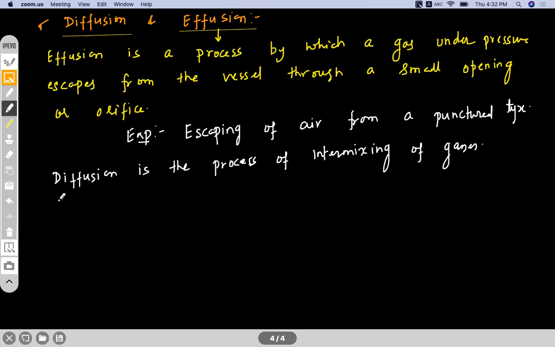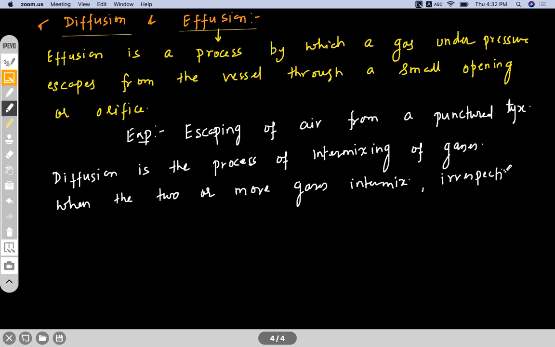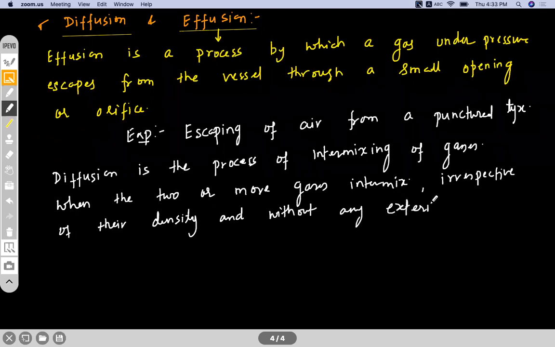When two or more gases intermix irrespective of their density and without any external help, without any external support, we can say, it's spontaneous.